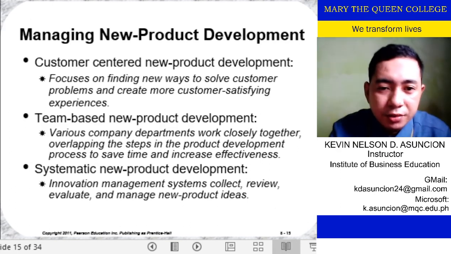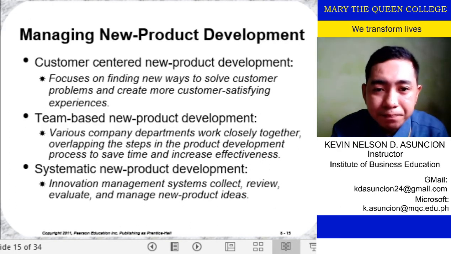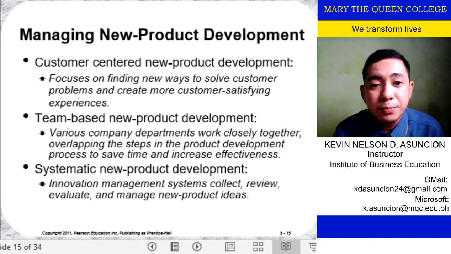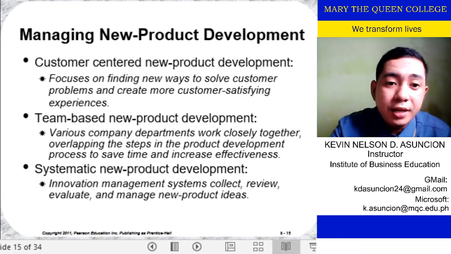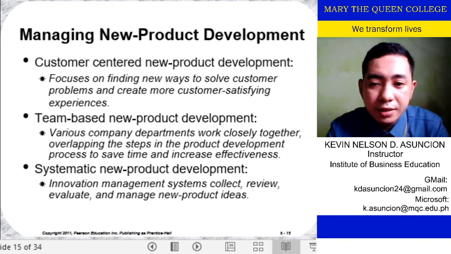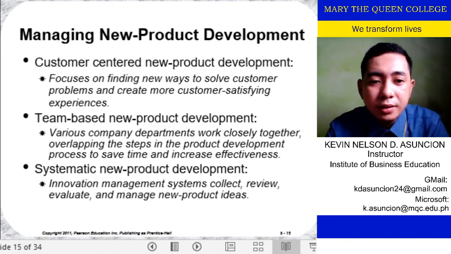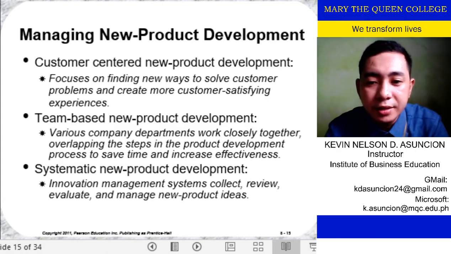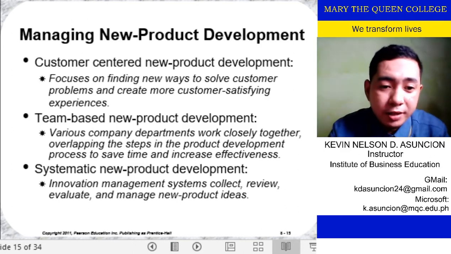That means they develop out of that team, especially the engineering. And they have what they call systematic new product development. Innovation and management systems collect, review, and evaluate those new product ideas. Okay?